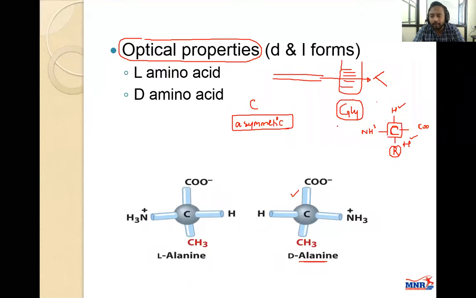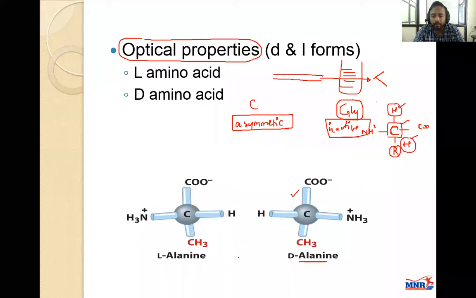This is one of the examples where it is optically inactive. Okay, in the exam also they'll ask you to name some optically inactive amino acids. So glycine is one of the examples for optically inactive because it doesn't have the asymmetric carbon atom, because 2 positions of the carbon are replaced by only the hydrogen atom.